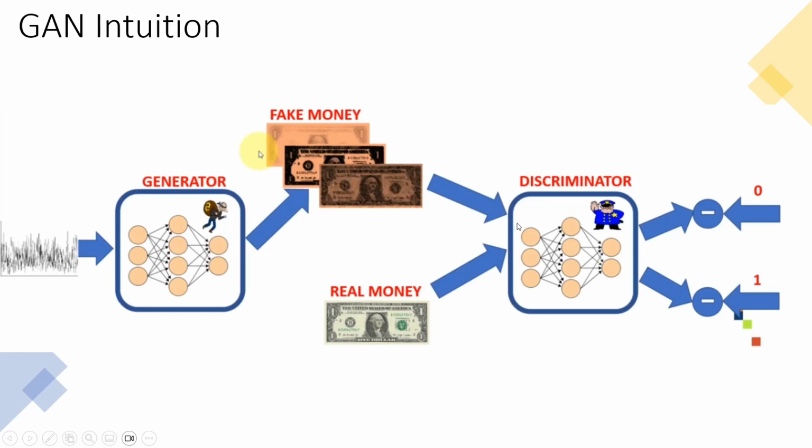And in the end, during the training phase, it adjusts its weights and biases so that it can distinguish real money and fake money in a better way. And then it gives some feedback to the generator so that the generator can generate much better fake money.